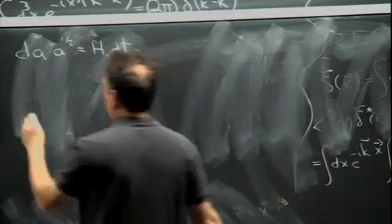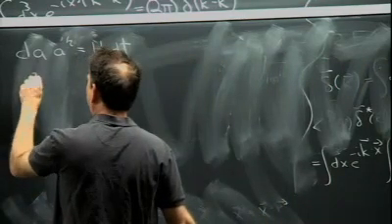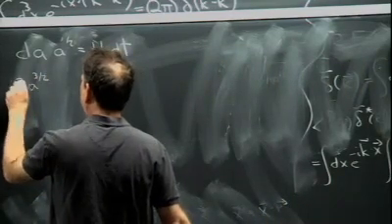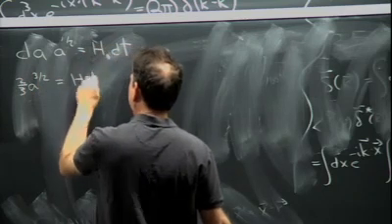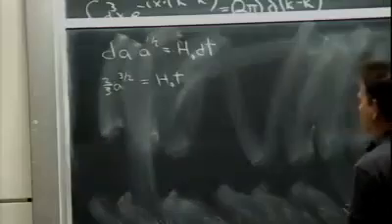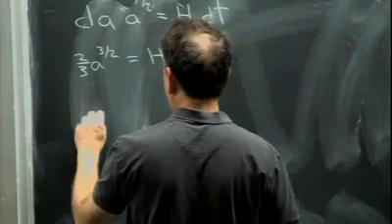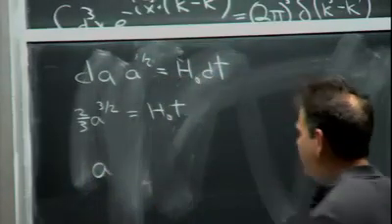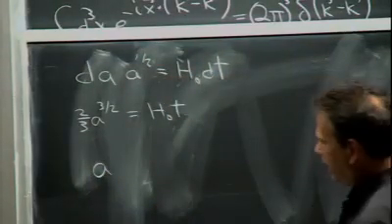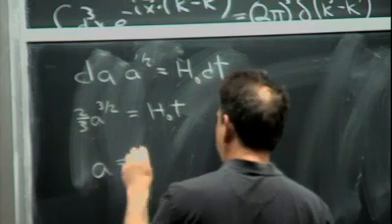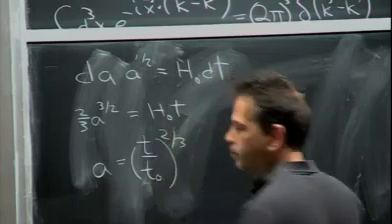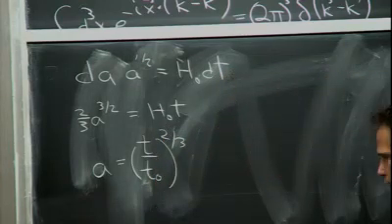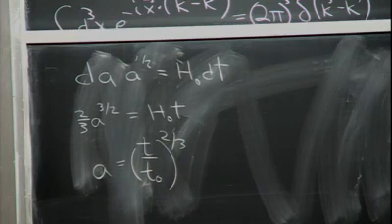So that means that a to the 3/2, to the 2/3 power, is equal to H naught t. So that means that a goes as t to the 2/3 power. Since a is normalized to be 1 today, that means that a is just equal to t over t naught to the 2/3 power. So that's the simple solution in the case of a matter-dominated universe.